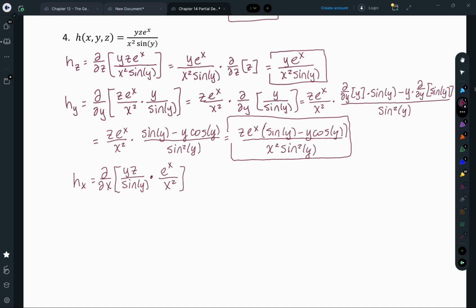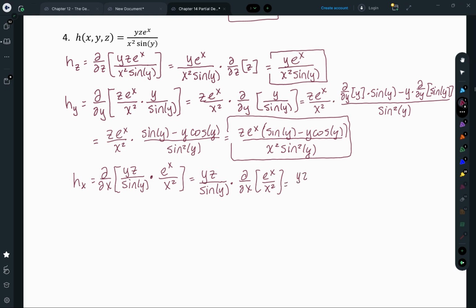Okay, so it looks like I have another quotient rule. Of course I could rewrite x squared as x to the minus 2 and focus on it as a product rule. I'm going to use the quotient rule though. So the yz over sine of y comes out to the front. And we're going to deal with our quotient rule right now. So we're looking at del x of just e to the x over x squared.